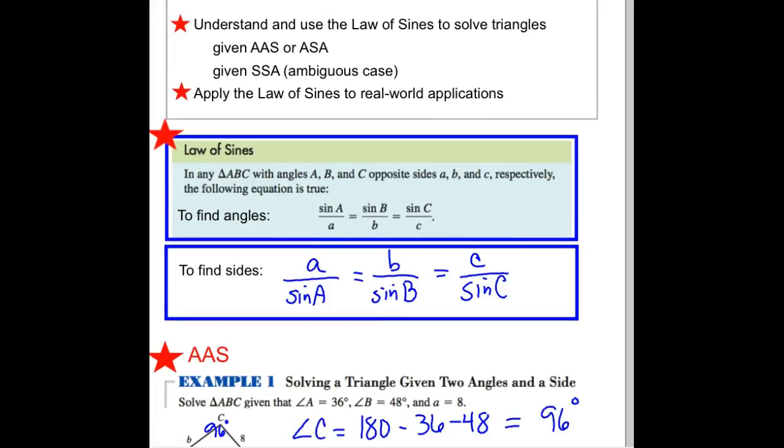So if I'm trying to find an angle, I'm going to use this version, okay, because I want the angle on top. What I'm solving for, I want in the numerator position. If I'm trying to find a side length, I flip the whole thing over and I put the sides on top. As long as you keep them the same, so you have angle is to side as angle is to side, or side is to angle as side is to angle, as long as you keep that the same, it'll work.